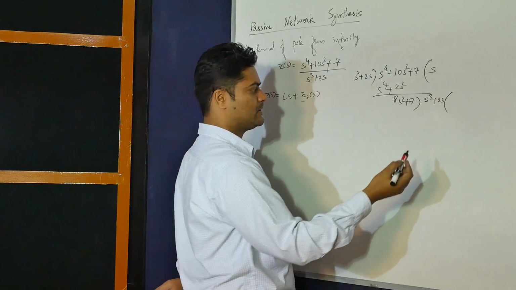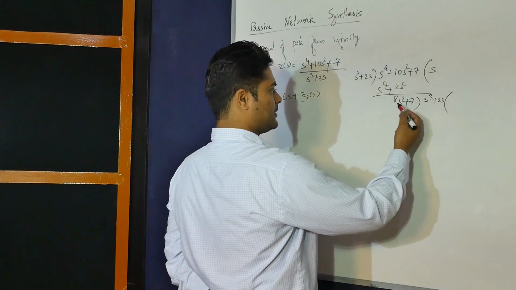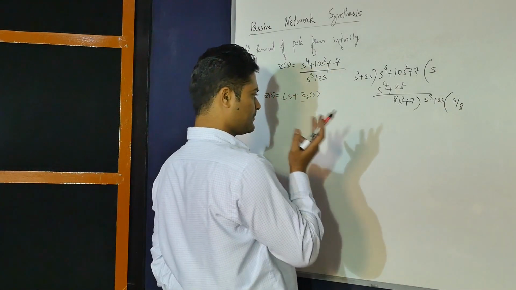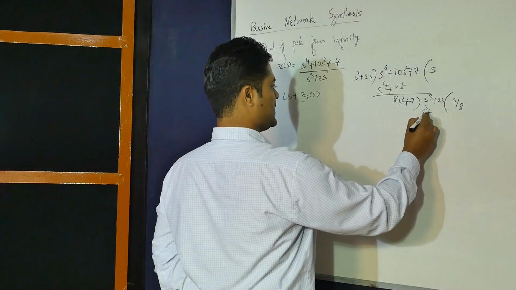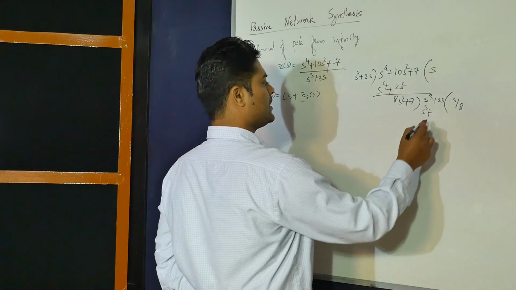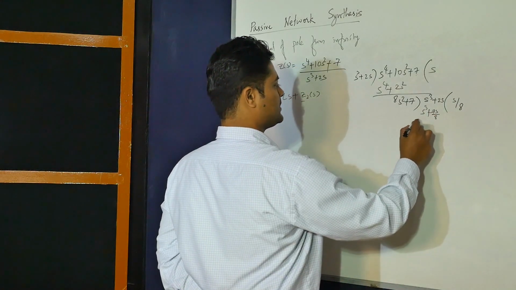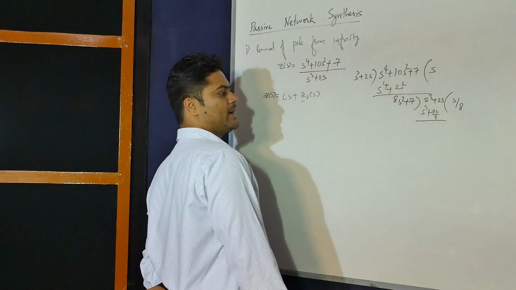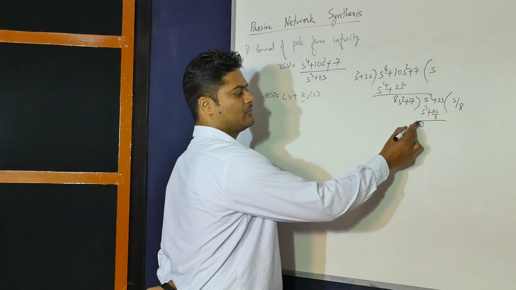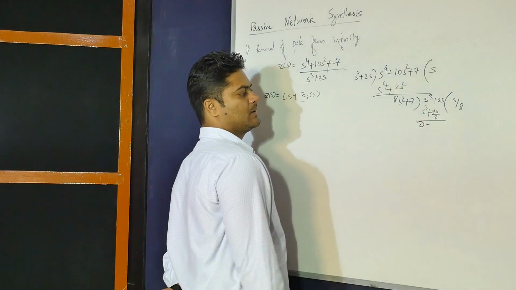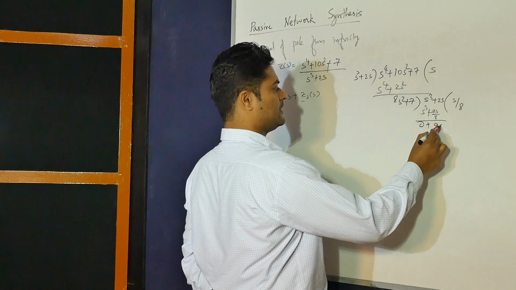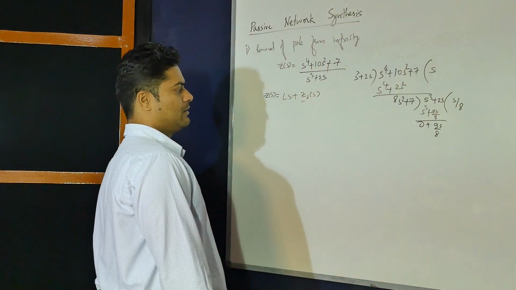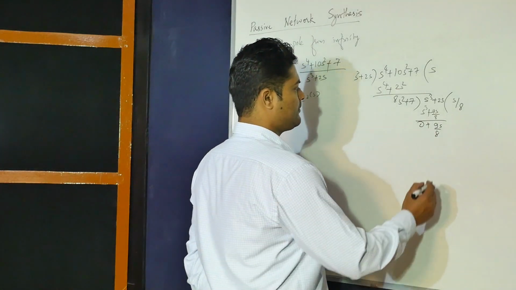This is the continued fraction expansion I am doing. 8s square gives s by 8, so s cube plus 7s by 8, and what we have is 2s minus 7s by 8, which is 9s by 8.